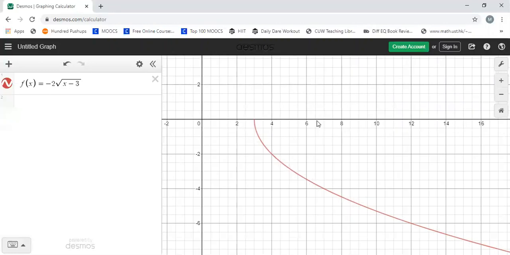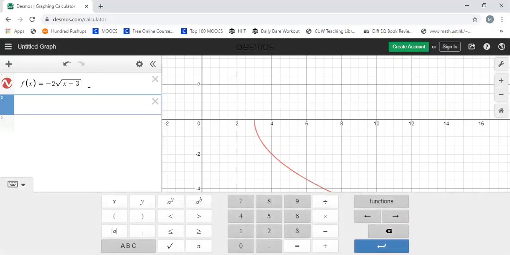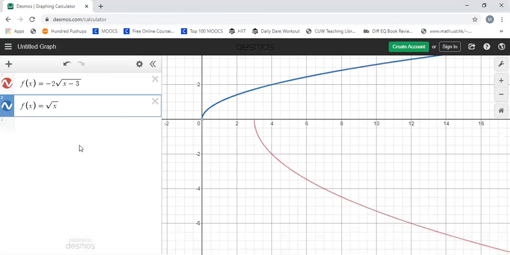Yesterday we were asking questions like, how is this different than the parent function f of x equals the square root of x? And so you would have said something like, well, it's flipped across the x-axis, it's flipped to the other side. It's wider, just flipping it didn't quite do it.